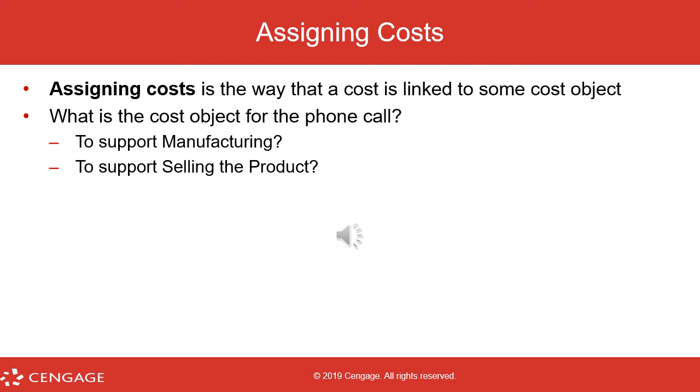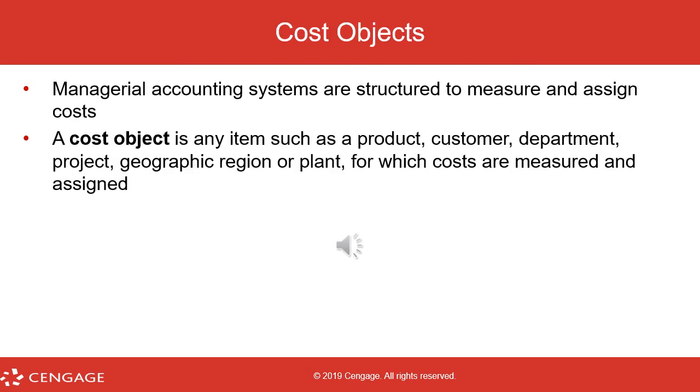In this case, cost assignment tells whether the money spent on phone calls was to support the manufacturing or selling of the product. Managerial accounting systems are structured to measure and assign costs to entities called cost objects. A cost object is any item such as a product, customer, department, project, geographic region, plant, and so on, for which costs are measured and assigned.